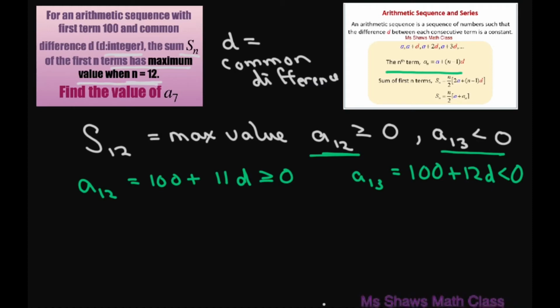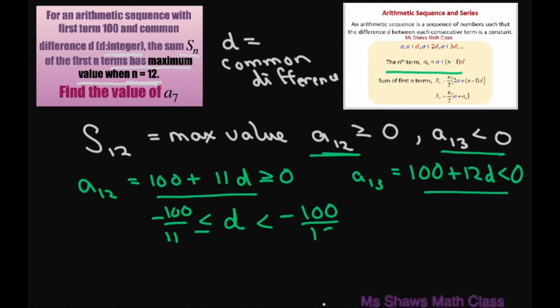So let's set our common difference in between here. Solving for d, we have d is greater than or equal to negative 100 divided by 11, but smaller than negative 100 divided by 12.